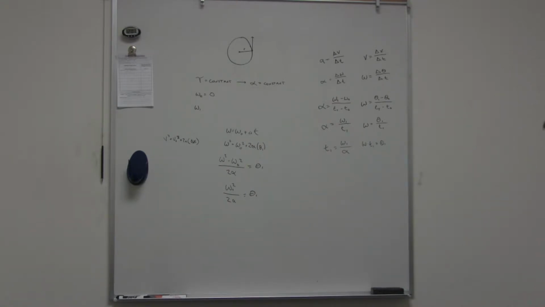Find t2, the time it will take the wheel to stop after the brake is applied. That is the time for the wheel to reach 0 angular velocity. Okay, use omega, alpha, and t. Okay.